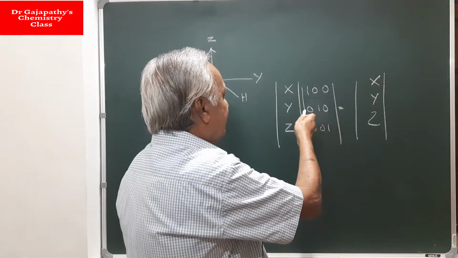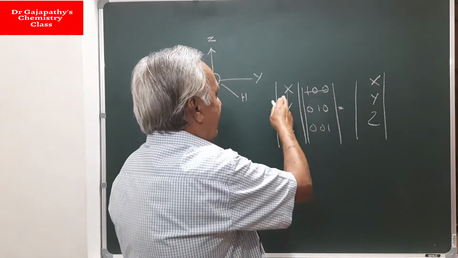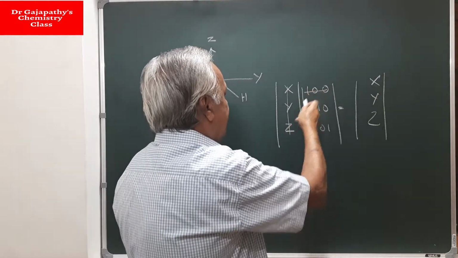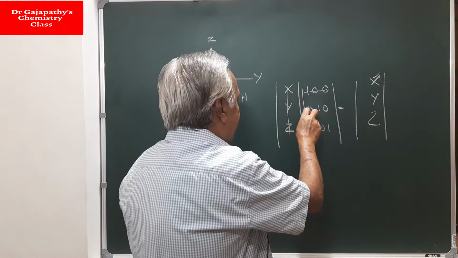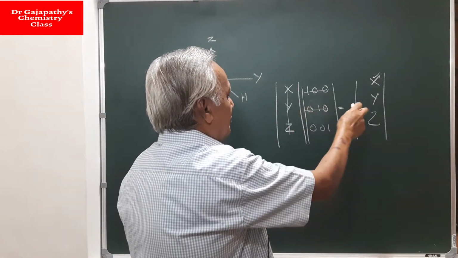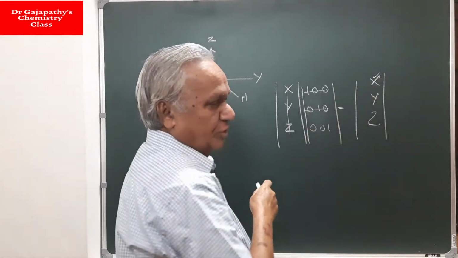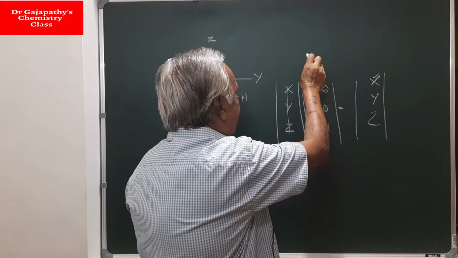So let me take this row, multiply by this column: x into 1 plus y into 0 plus z into 0, x. Then take the next row: x into 0, y into 1, z into 0, y, and so on and so forth. So this is the transformation matrix for the identity operation.